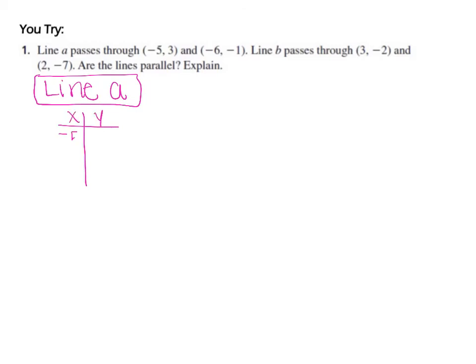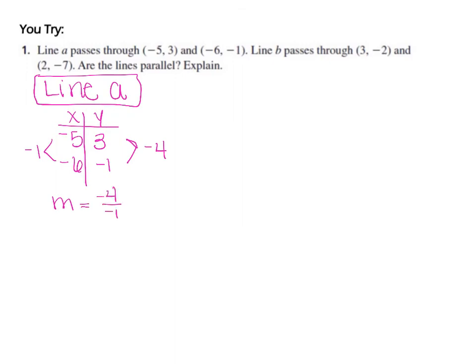My points were -5, 3, and -6, -1. So my rate of change, or my slope, is, well, from 3 to -1 went down 4, and from -5 to -6 actually went down 1. So I get that my slope is -4 divided by -1.